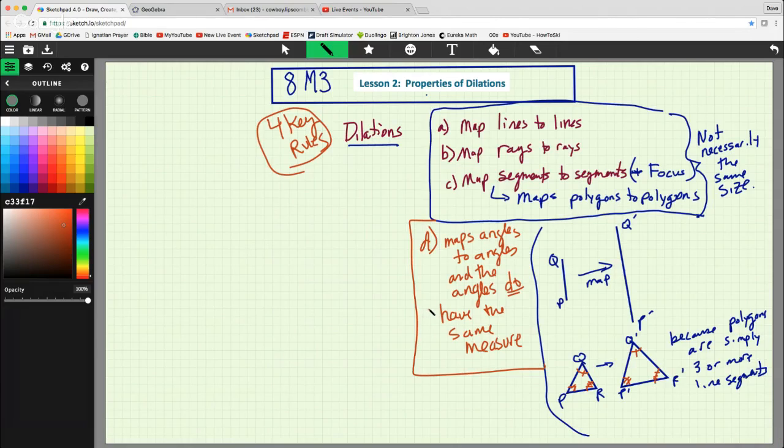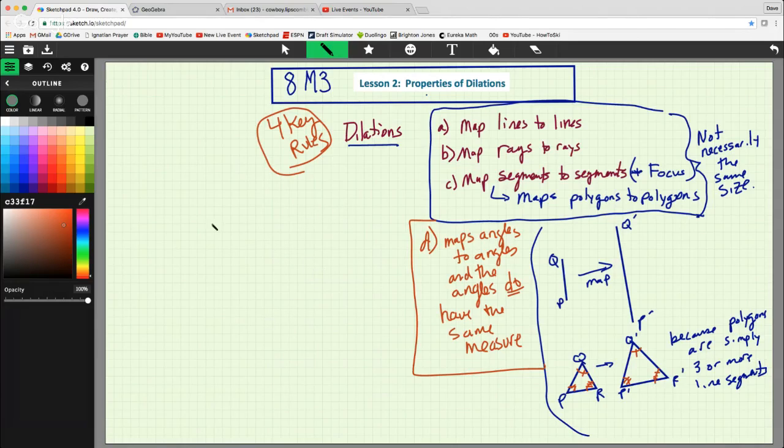So let's talk now, and we talked in lesson 1 about dilation and how you do it. I'm going to show you again how you do it, and I'm going to do it on a sketch pad. On Sketchpad, I don't have a ruler, but I'm going to expect you to use a ruler. I'm going to talk you through what I want you to do as I show it to you on the sketch pad.